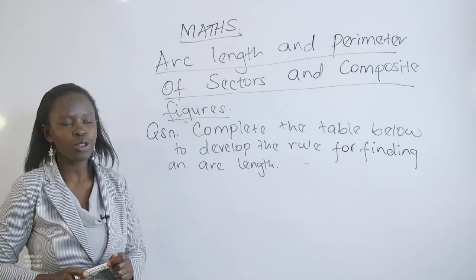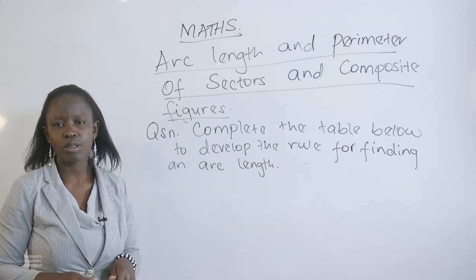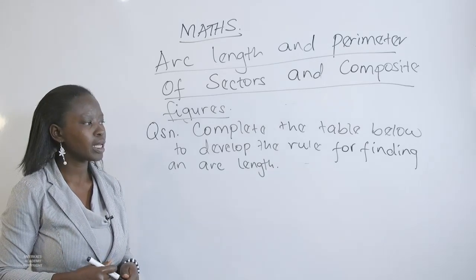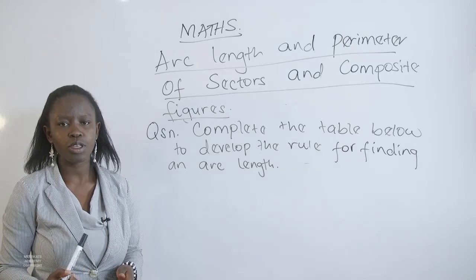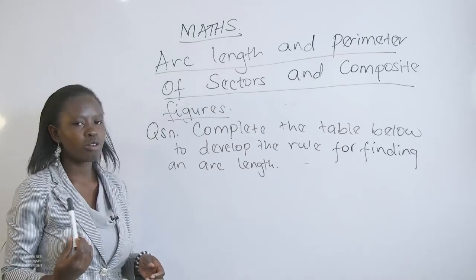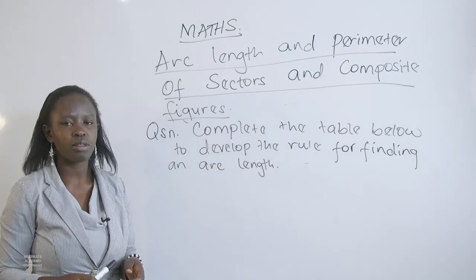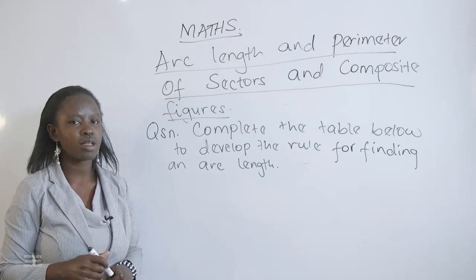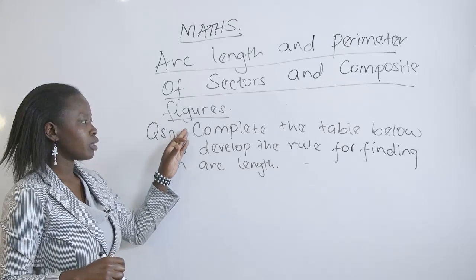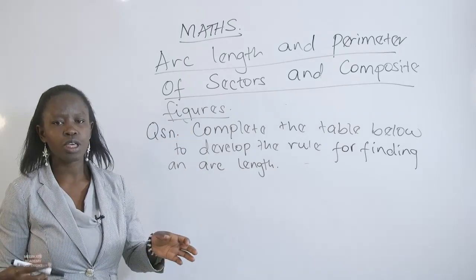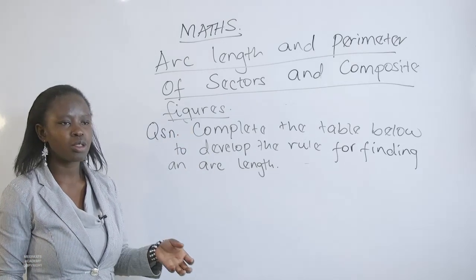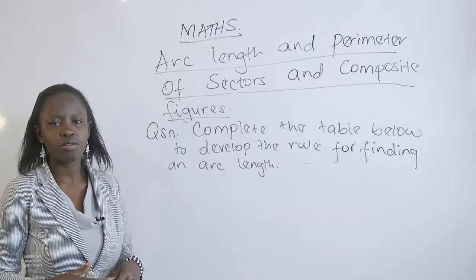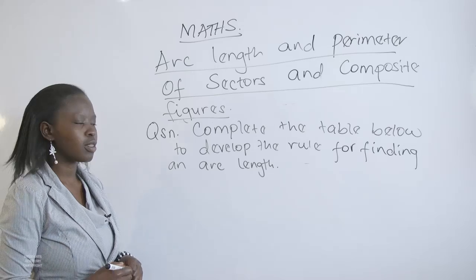So we have a question that is just going to help us find out how we get the rule when we are calculating the length of the given arc. We've first started by saying that the length of the arc will be obtained by theta over 360 times pi d, but that theta over 360, we said, is simply showing the fraction that is being represented by the given sector of the circle.